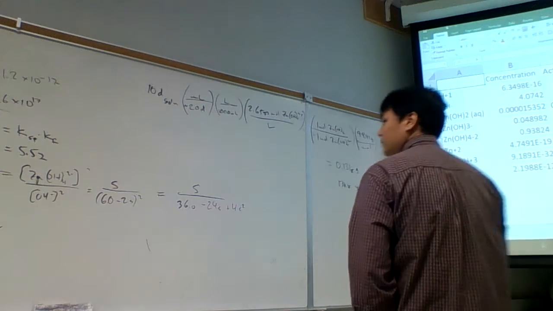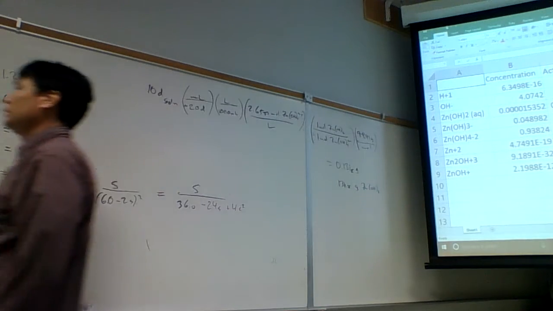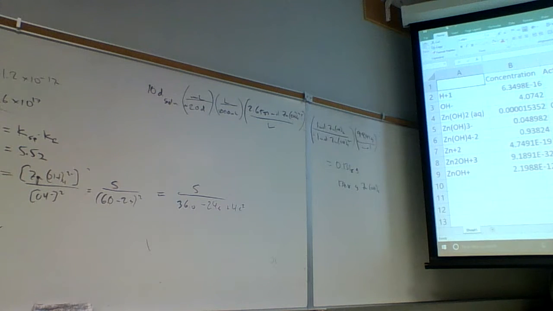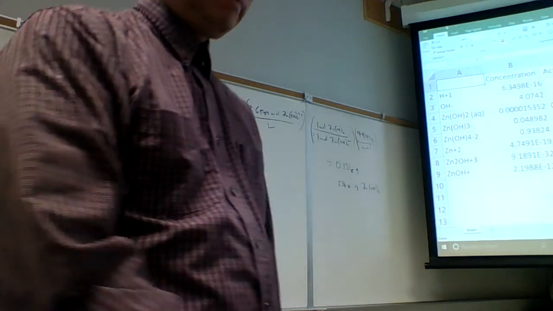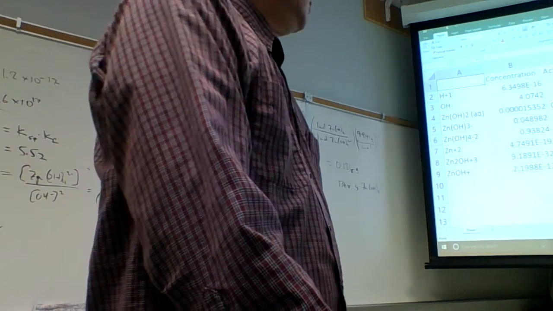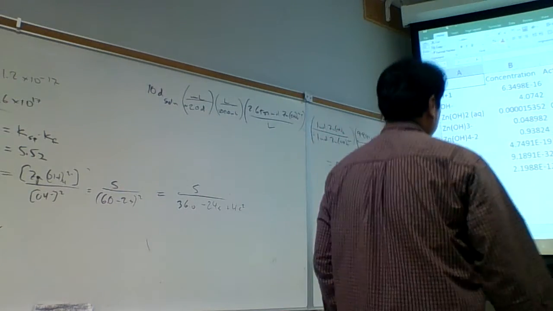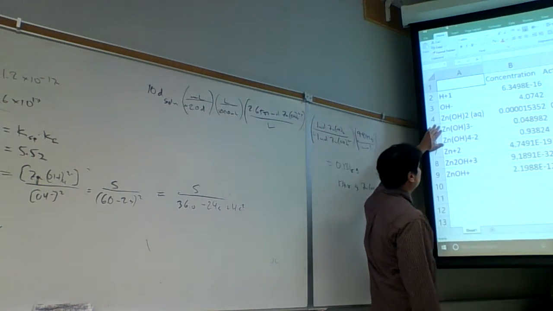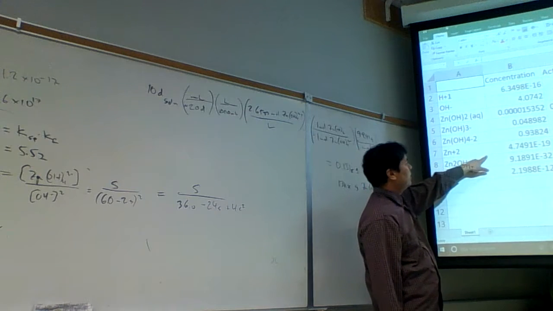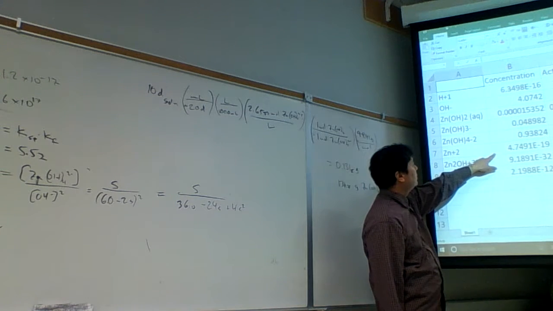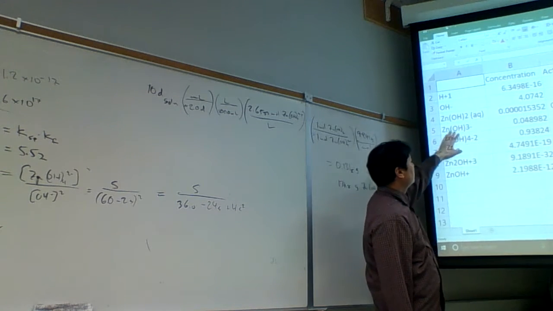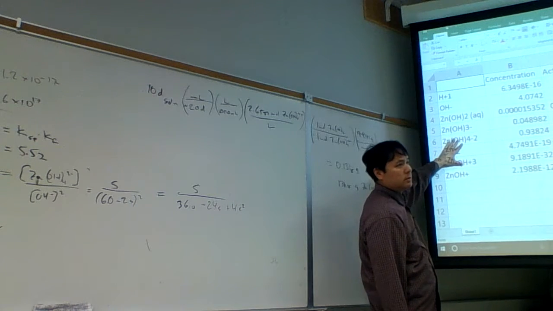What we did was we just assumed that all the zinc ends up in just one species, Zn2+. That's what we do in all these calculations. We just assume that the metal ends up in one species, but in reality it doesn't. If we were just to look at Zn2+, yeah, it looks like it ends up here, but we've got a lot of those species present.